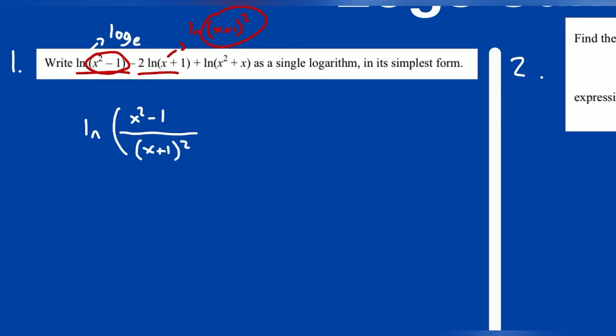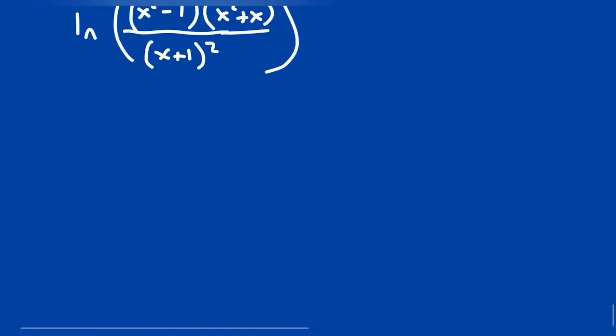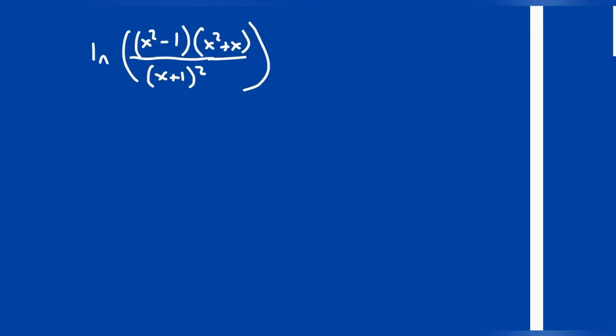And now we have a plus x squared plus x. So that's multiplication. So we can just write it on the top because we're multiplying. So this is the logarithm that we have now. And they expect us to simplify it to its simplest form. So we have to cancel out whatever is inside and make it simplified.